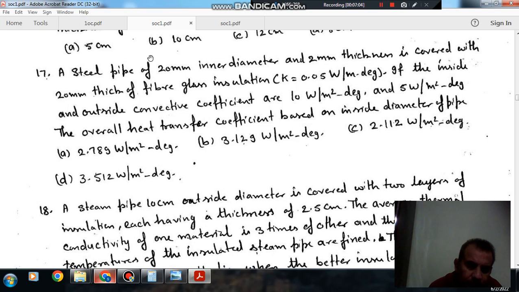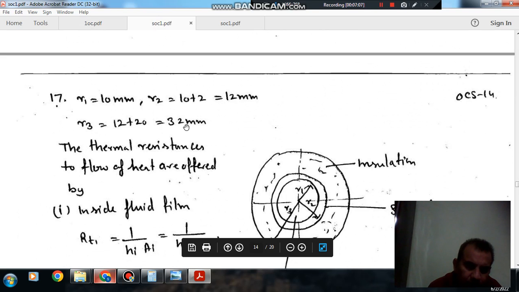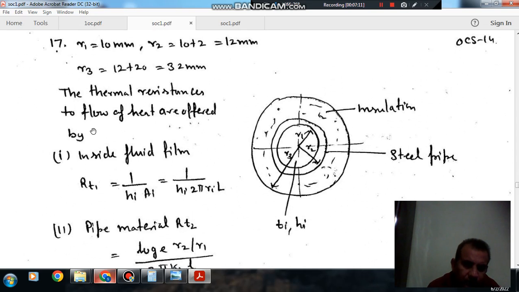So R3 will be 12 plus 20, 32 mm. So the thermal resistances to flow of heat are offered.